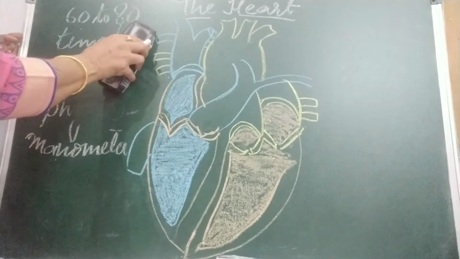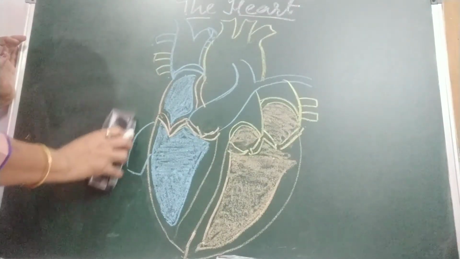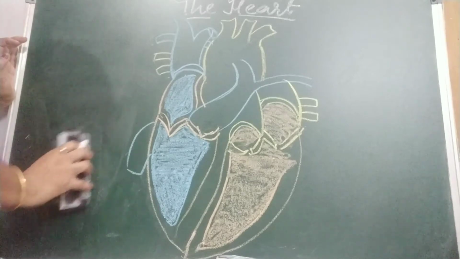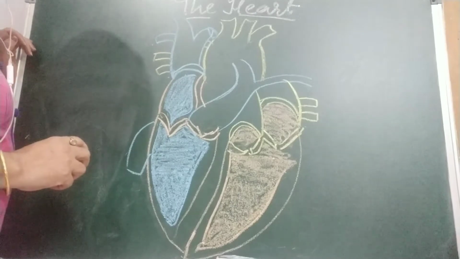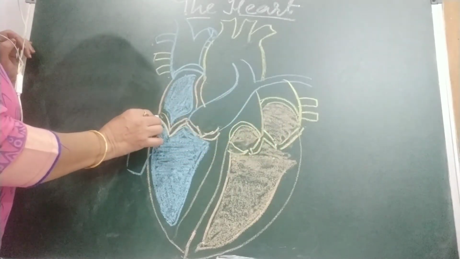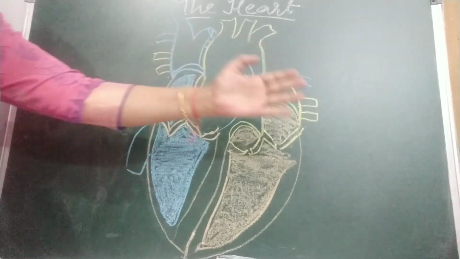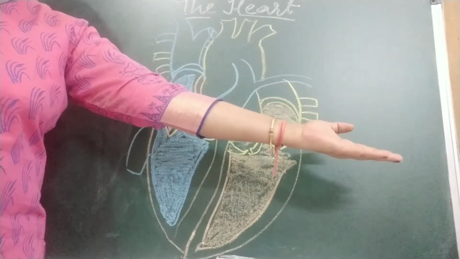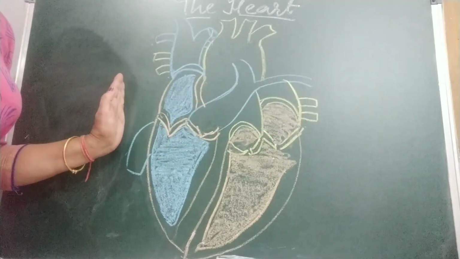Now I am going to tell you about the structure of the heart. The four chambers of the heart are the right auricle. Upper chambers are called auricles. If you stand like this, this is your left side, and this is your right side.